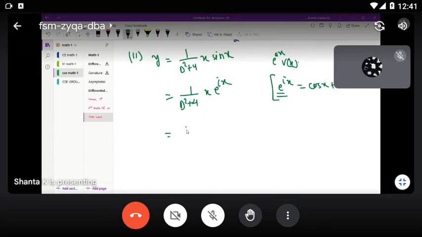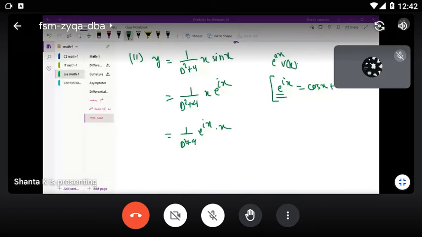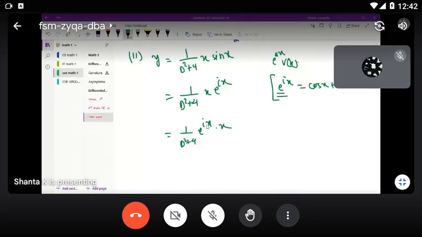So here just write out D square plus 4 e power ix into x. If you take e power ix to that side, what are we left with? Here a is i, so D will be replaced by D plus i.